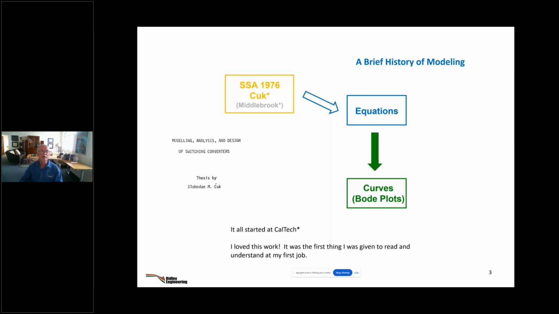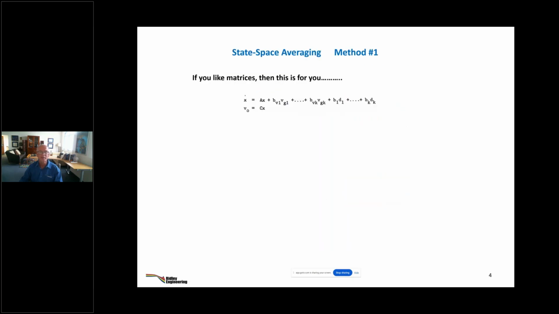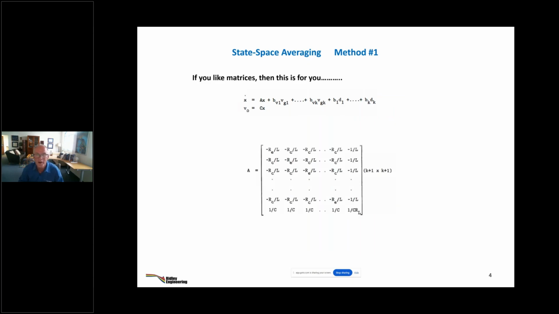At the same time, this is state space averaging. If you like dealing with large matrices, and the matrices consist of symbolic elements. This is a matrix we'll see a little later in the presentation with average power converters, which is a large order matrix in this case.